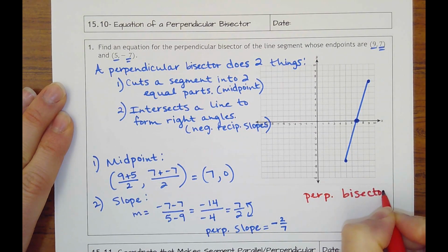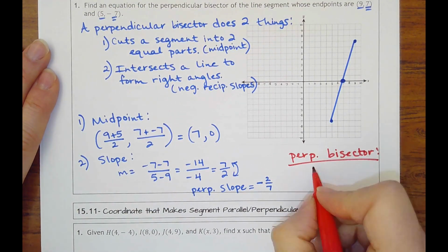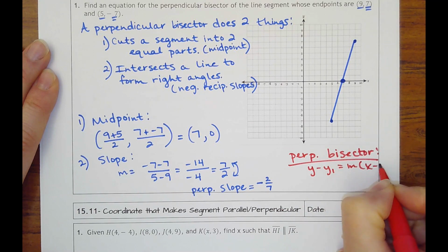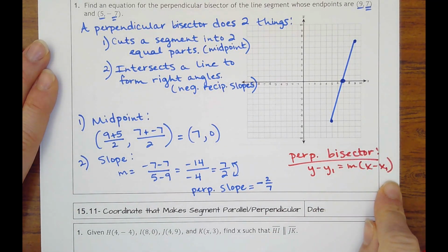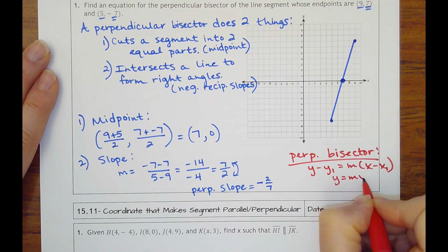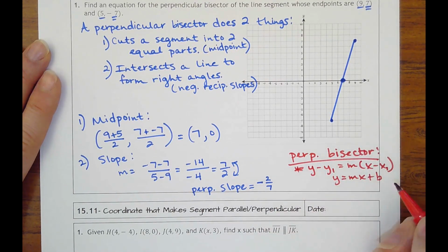You have the two options. You can either do point-slope form, which is y minus y1 equals m times x minus x1. This is how I always used to do it, so I'm more comfortable with that. It's just what I go to first. Or just use y equals mx plus b, and then you'll have to actually solve. But I think I'm going to use this one.